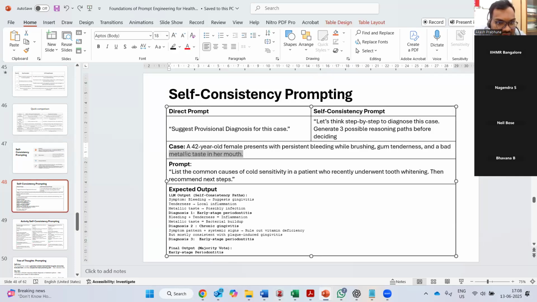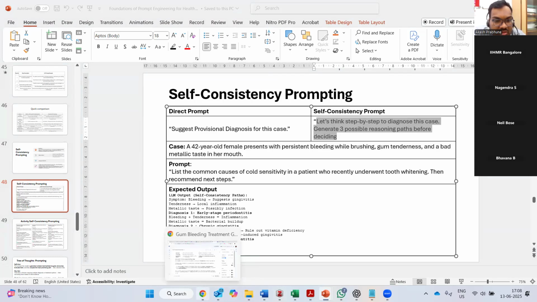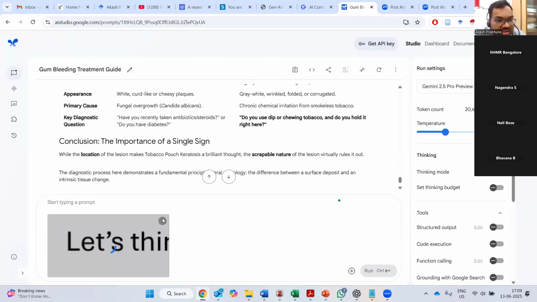So let me try. I'll put this into the chatbot, and this is your case, and this would be my prompt. Okay, let's think step by step and generate three possibilities. So let me give a try. You can also try it out and let's see what we get. Every time I'm making the same mistake.